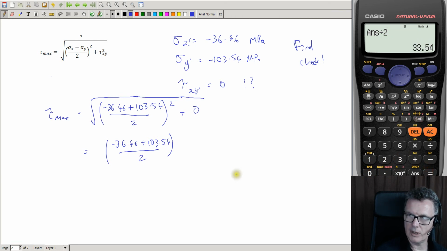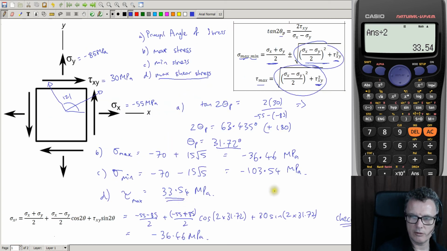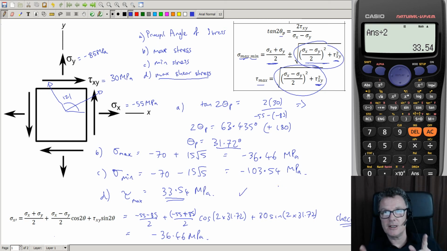And that gives me an answer of 33.54 megapascals. And if I go back to my previous page, I had 33.54 megapascals. That is magic.